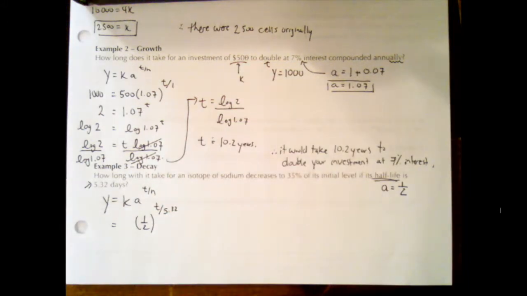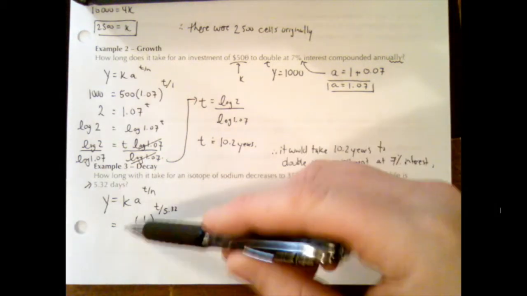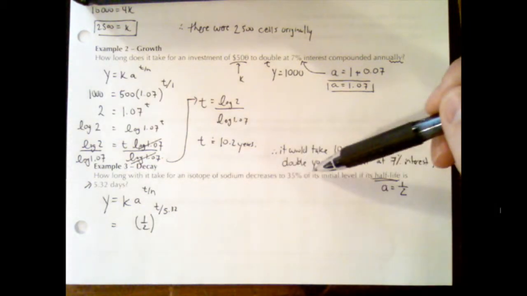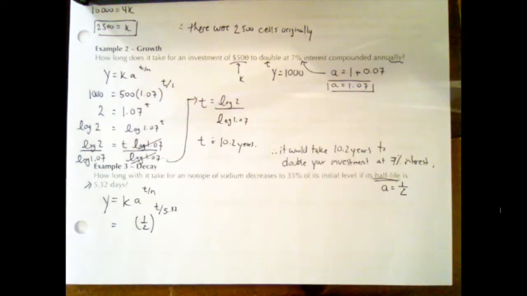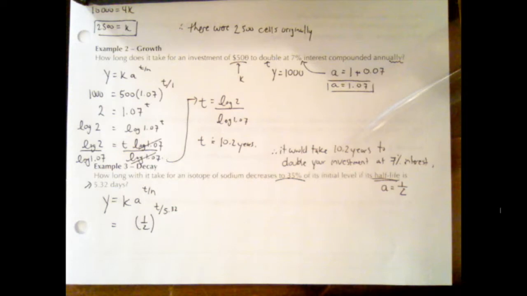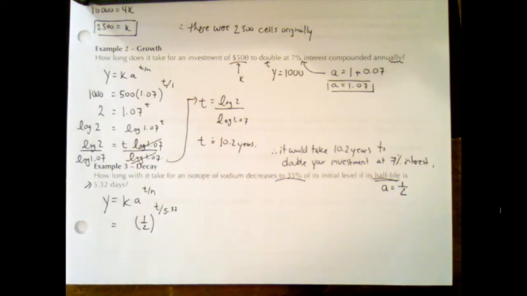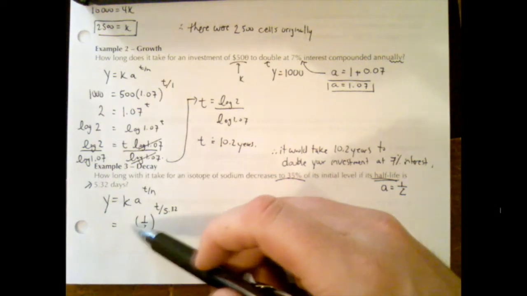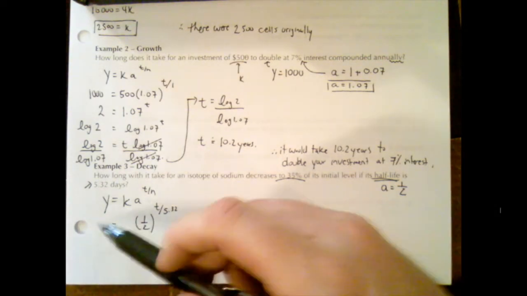And here we don't know anything specifically about how much sodium there was at the beginning and how much we have at the end. We do know that we want it for when it decreases to 35%. So there's a couple ways you can do that. You can start with an initial amount of 100% and then write your final amount as 35%.